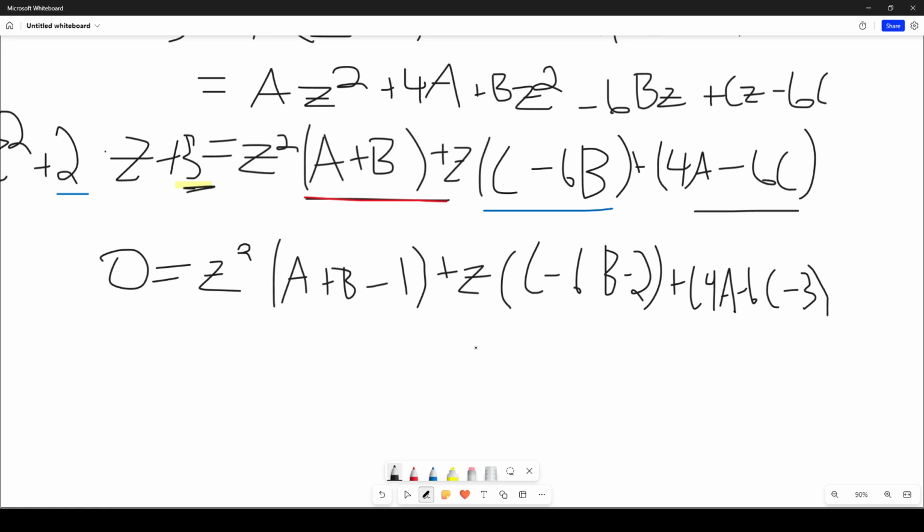There are a couple of ways we can reason this out. One argument is, let's let z go to infinity. z squared plus z plus all of this is going to be huge if z is going to infinity, and yet it still equals 0. Reasonably, the only way that could be possible is if all of these coefficients are 0.